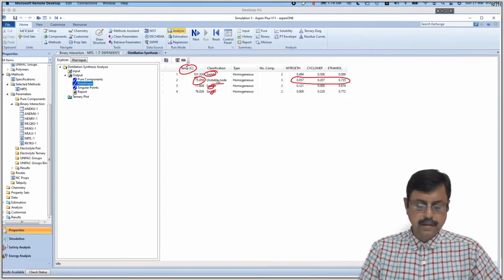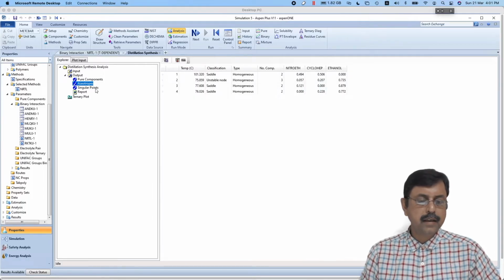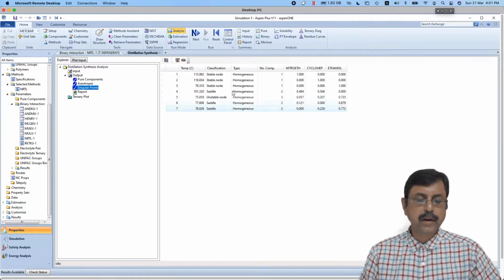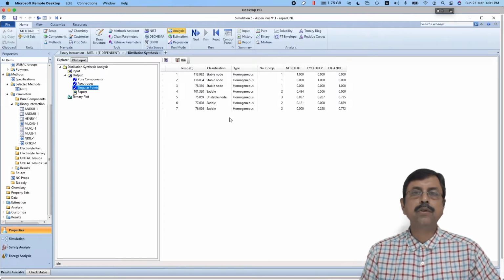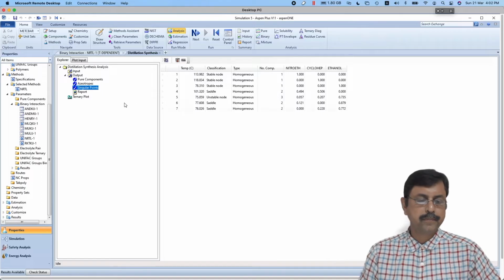Similarly, you can see the singular point. Singular point is nothing but the collection of all stable nodes, saddle nodes, and the unstable nodes. So it is a collection of all the boiling points and the azeotropes.